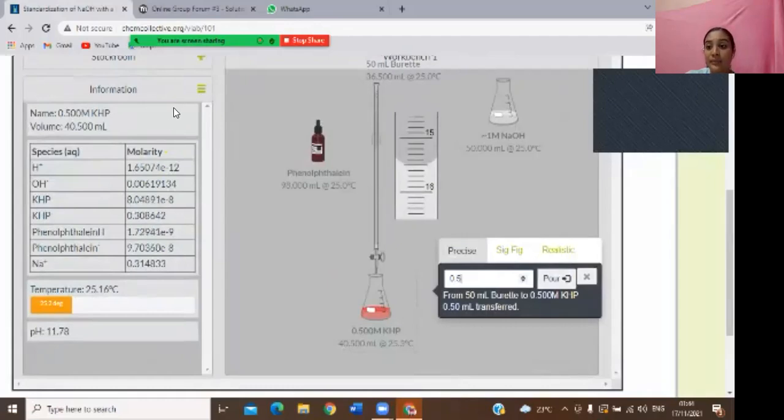Now, for the calculation, first we're going to need to find the average of the solution. So the average for the solution is 13.2.